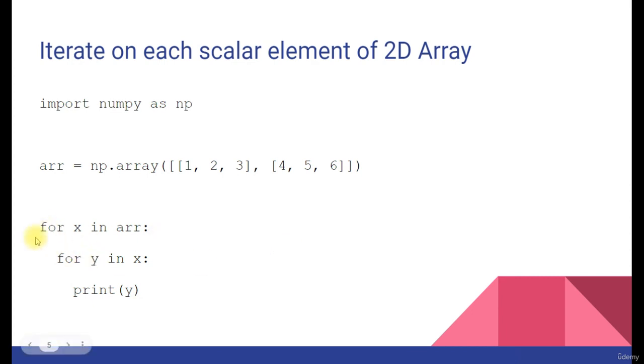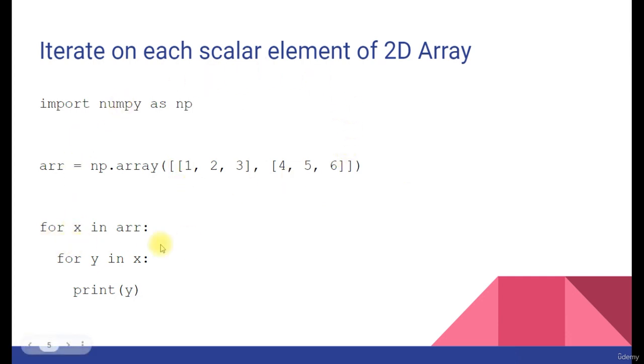So for x in arr, now for y in x. So x basically, by using the first for loop statement for x in arr, this gives you both the dimensions stored in x. Now again what you are doing, for y in x, so basically for y in each dimension of this entire 2D array. So the dimensions of the 2D array are already stored in x with the help of this first statement.